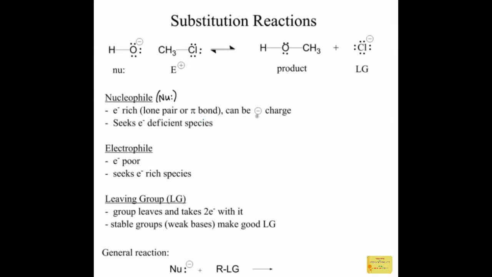It can have a negative charge, like our nucleophile in this case is hydroxide, we see a negative charge. But a very nice abbreviation for nucleophile is NU with a lone pair. That lone pair right away gives you some clue as to the behavior of this nucleophilic species. And because it's electron rich, a nucleophile is going to be seeking an electron deficient species.